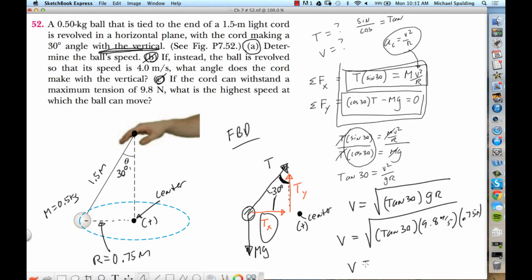So this is how we get the speed of the ball. So what does that come out to be? This is going to be tangent 30 times 9.8 times 0.75. Yeah, 2.06. So the speed of the ball is 2.06 meters per second.